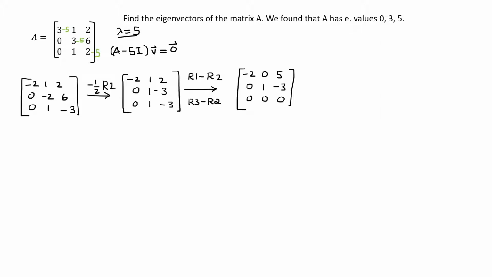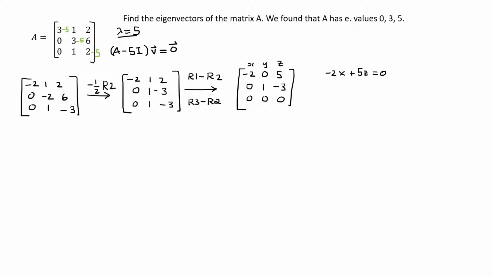Okay, so this is as far as I went. You don't have to put it in reduced row echelon form. I would recommend that you clear out zeros above pivots as well as below them. Okay, so this tells me that negative 2x plus 5z equals 0 if these are columns x, y, and z.